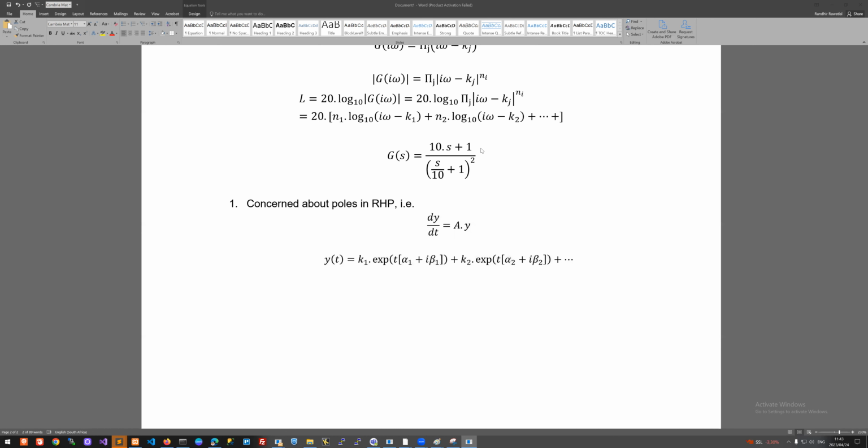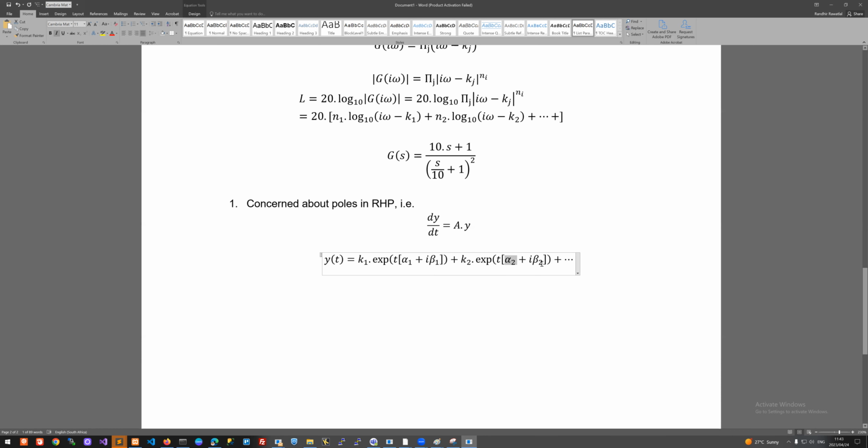Okay. So if that's our starting point, then we are concerned about these alpha values. If even one of these alpha values is a positive number, then we've got e to the t times a positive constant, and that will go off to infinity. We know this i beta part, e to the i beta, is going to contribute a sine and a cosine.